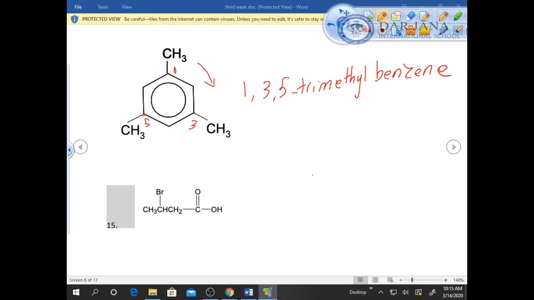Molecule number 15. Here we have a carboxylic acid. To name a carboxylic acid, start numbering from the carbonyl carbon: 1, 2, 3, 4. There is a bromo on carbon number 3, so it will be 3-bromobutanoic acid.